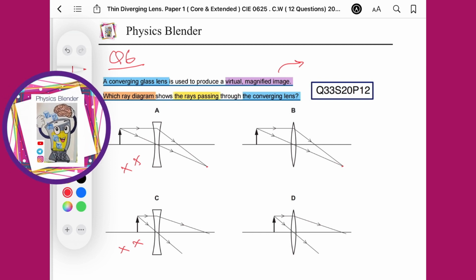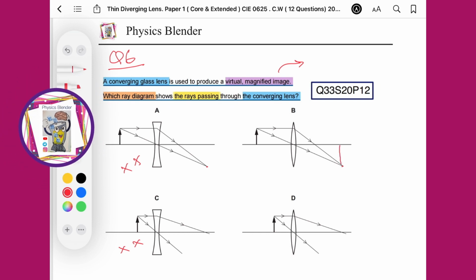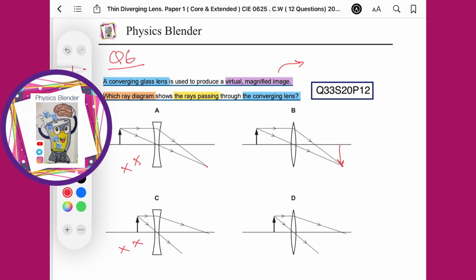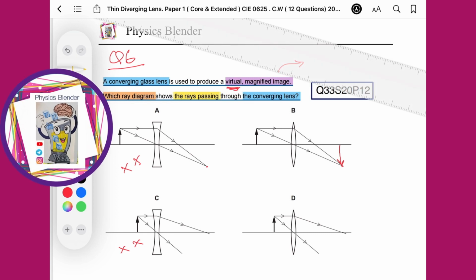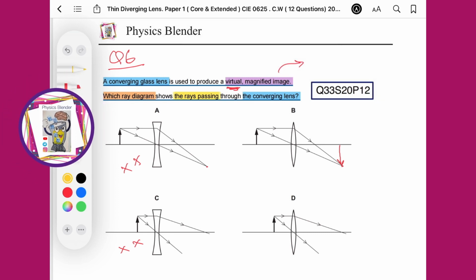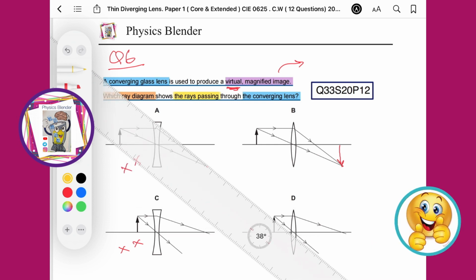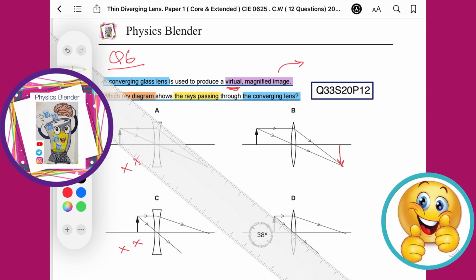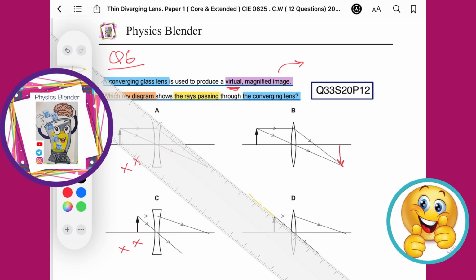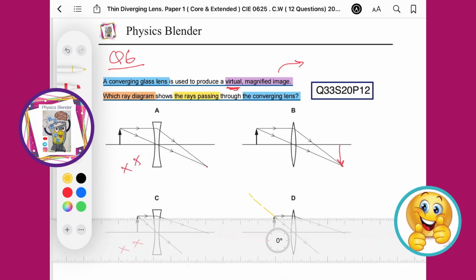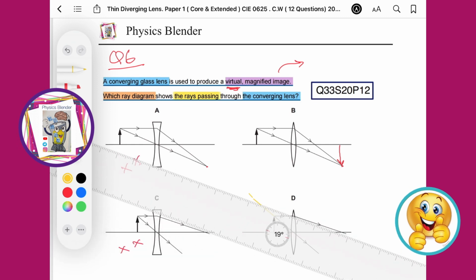In this case, the image will be formed where the refracted rays intersect. So this is real. A virtual image is formed by extension of rays. So you have to extend these two rays: the one passing through the optical center undeviated, you can extend, and the one parallel to the principal axis will converge.